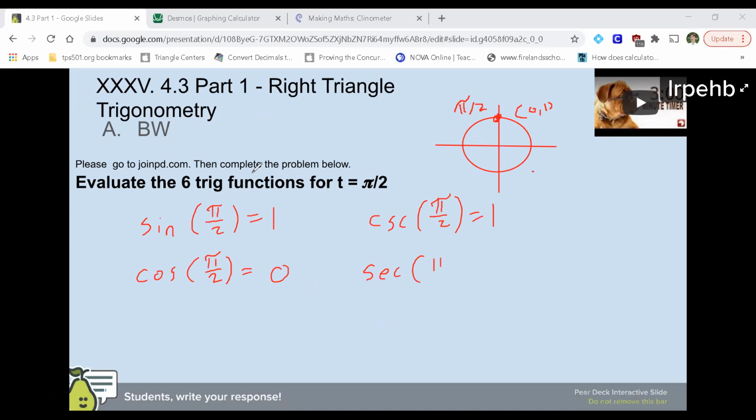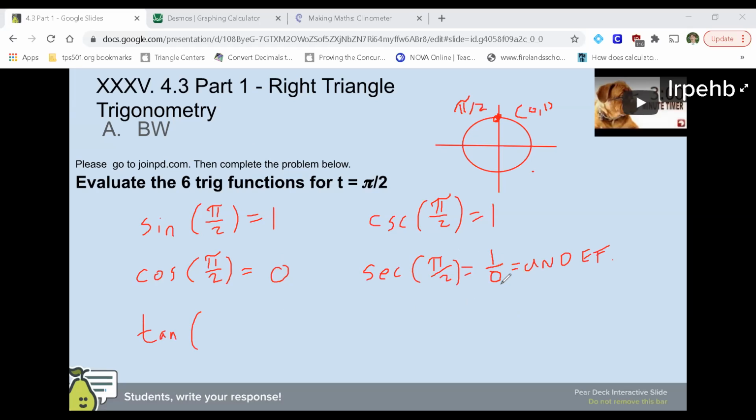The secant is the reciprocal of that, 1 divided by 0, which is undefined because you can't divide by 0.